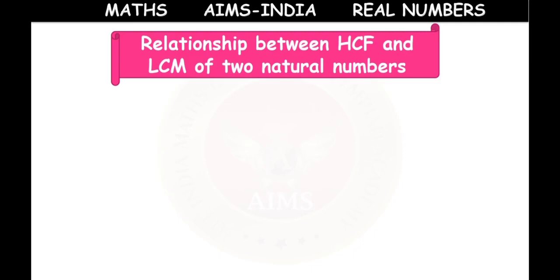If two numbers are given, we can find their HCF and their LCM. Now the question is, is there any relation between these four numbers? Given two numbers, their HCF is one number, their LCM is another number. We have to learn the relation between these four numbers.